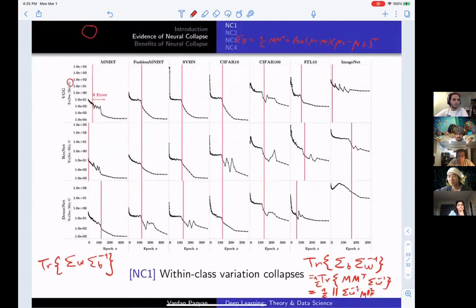And the M's are just the class means after the transformation. We're basically checking how large are the class means compared to the noise. So the class means are the signal, the within class covariance is the noise, and we're checking how large is the ratio. Does this make sense? Or is this making no sense?